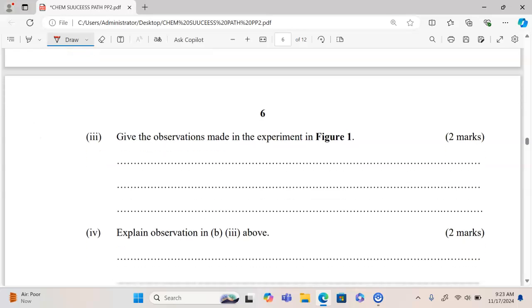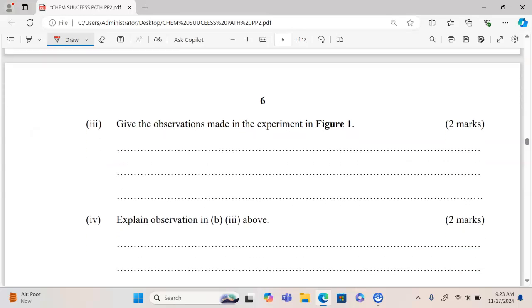So we can now answer the question and say, first, the colored water column drops and rises after some time.